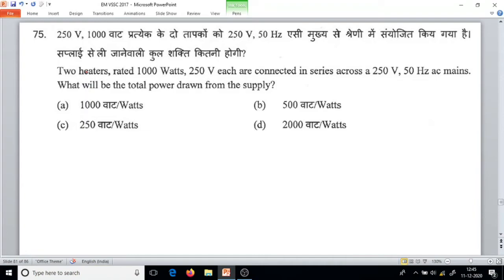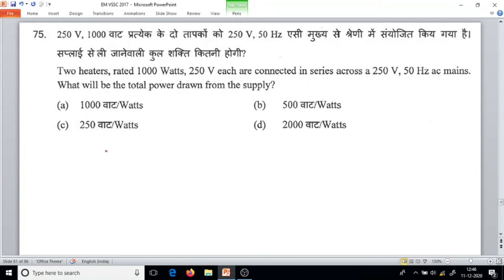What will be the total power drawn from the supply? Whenever heaters of some wattage are connected in series, the effective power should reduce. Anyway, we'll find out.